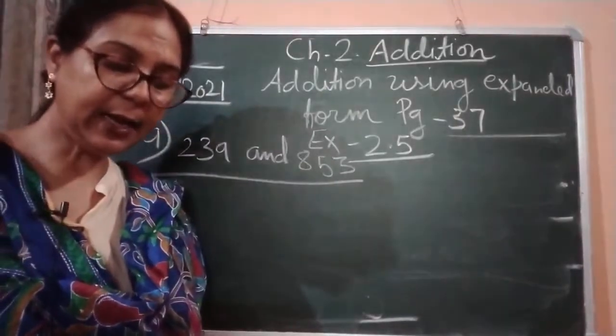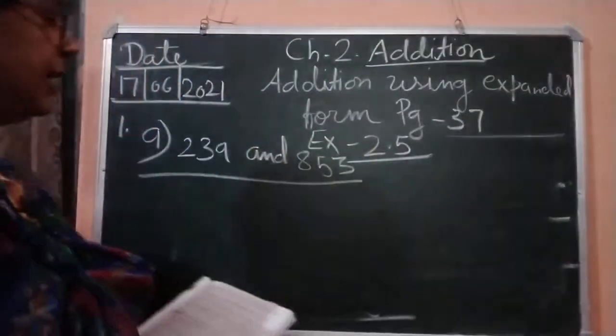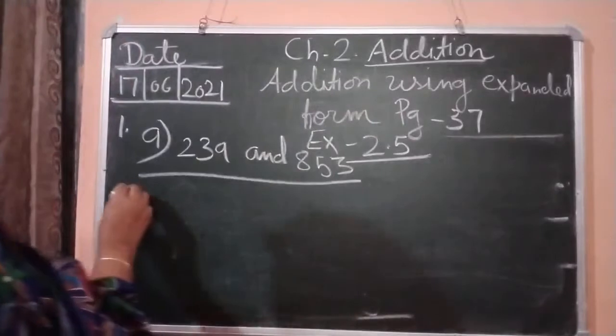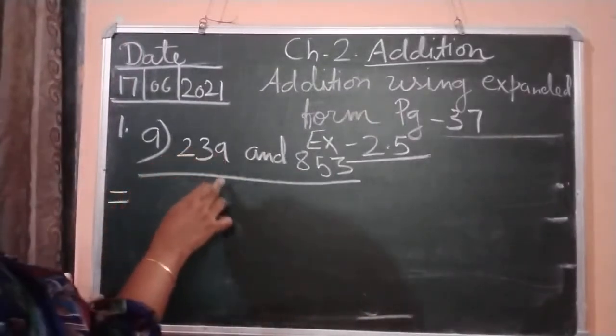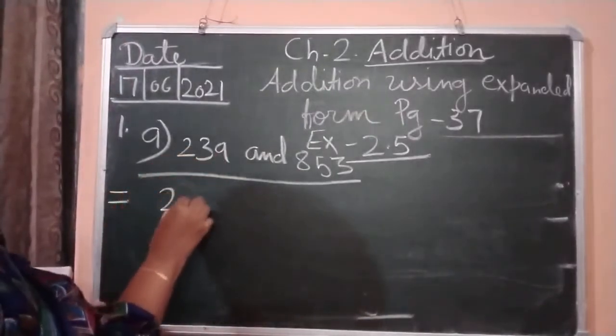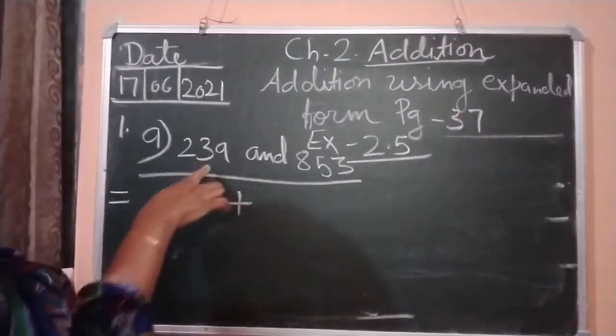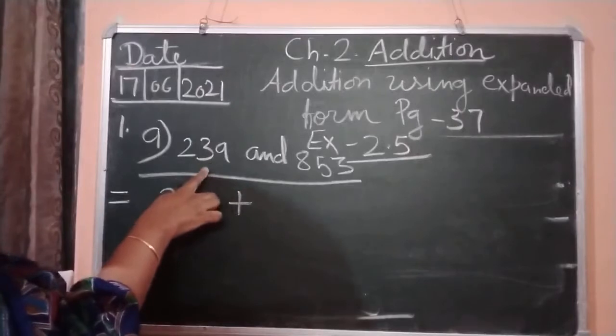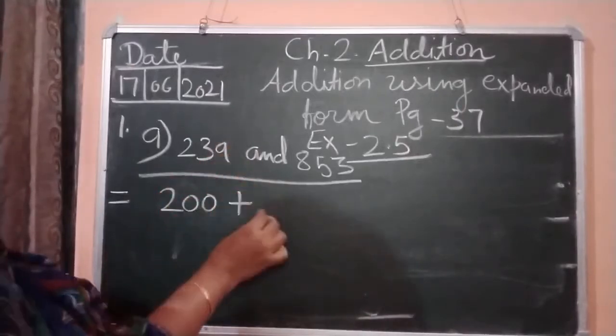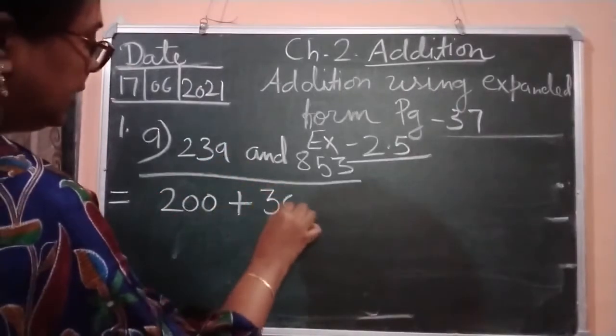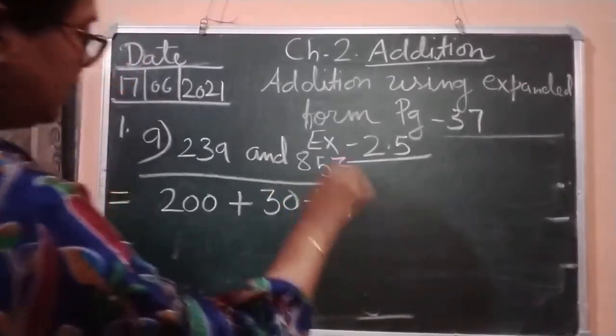First of all, we will write 239 and 853 in the expanded form. How can we write 239? 200 first of all, plus 30, because this is at the tens column. So we will write 30 plus 9.